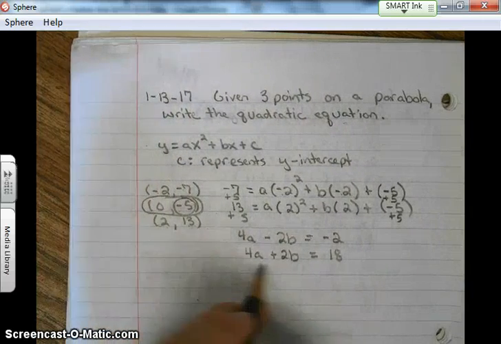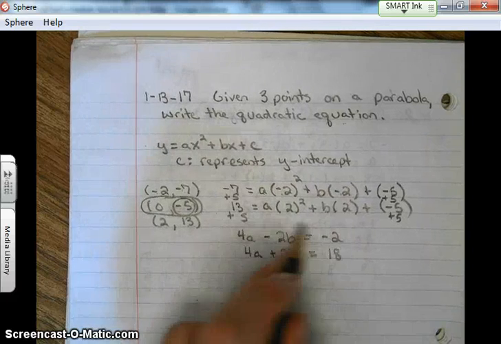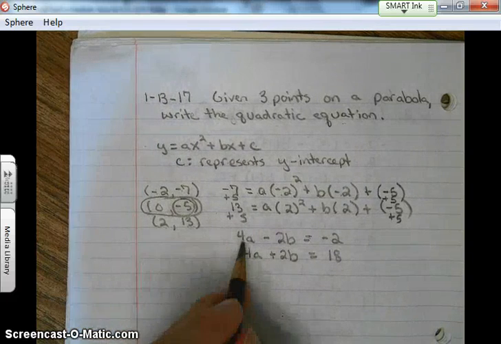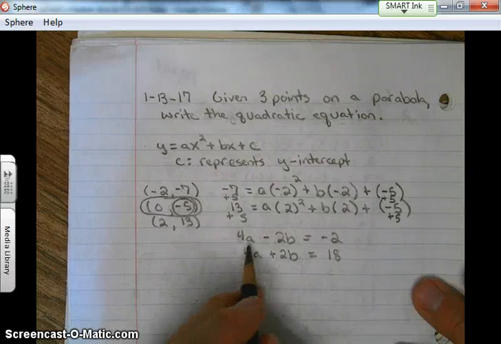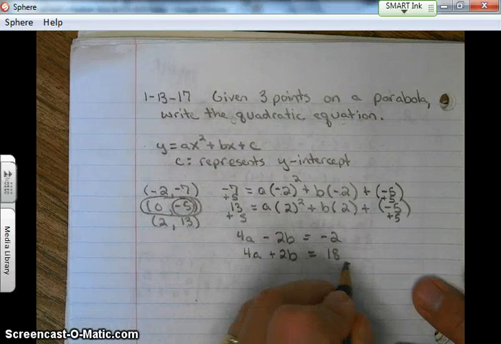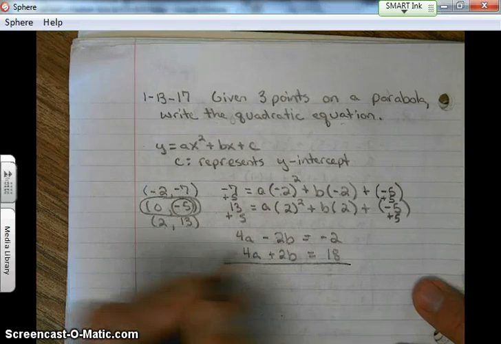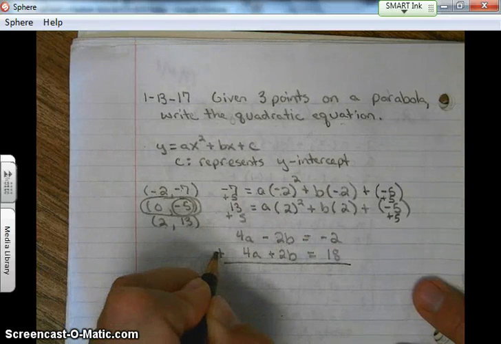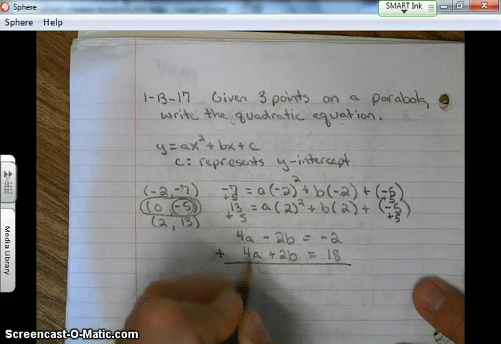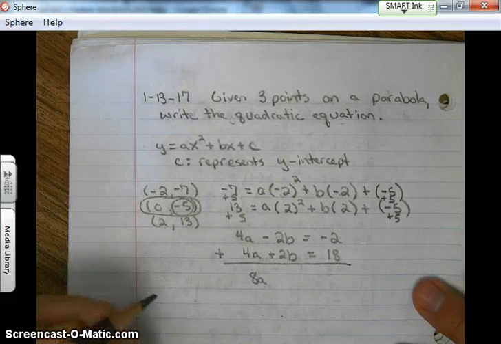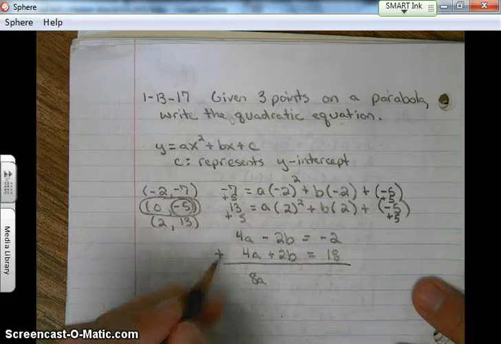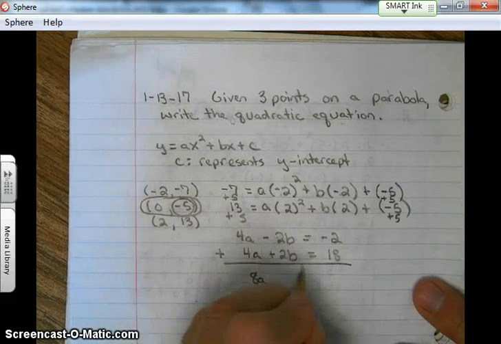Now, we want to solve this, and I'm going to go ahead and solve this using elimination method. So, since these two numbers are the same, I'm going to add the equations together. 4a plus 4a is 8a. -2b plus 2b cancels.